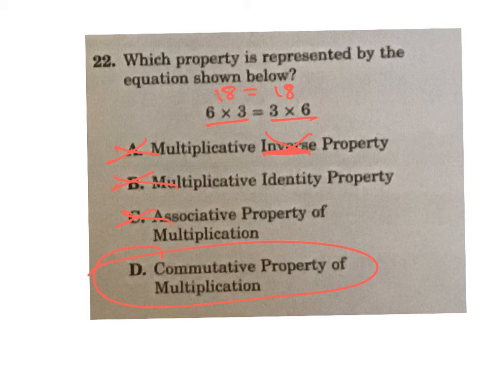It says that you can flip them around. You also have the commutative property of addition, which means I could do 3 plus 6 is the same as 6 plus 3. So commutative property tells me I can flip them around and it will work.